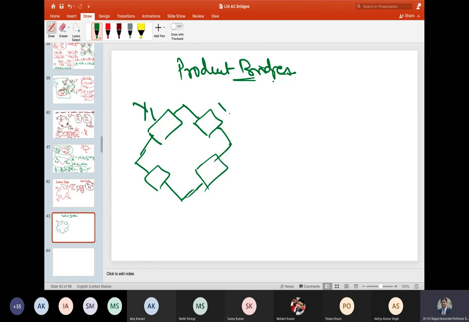So Y1, Y2, Y3, Y4, which is equal to 1 by Z1, 1 by Z2, 1 by Z4, and 1 by Z3.